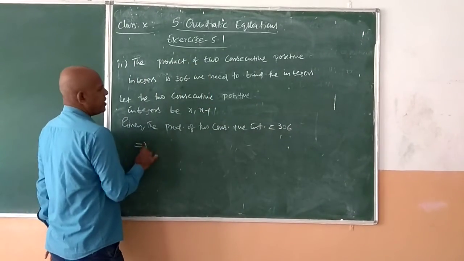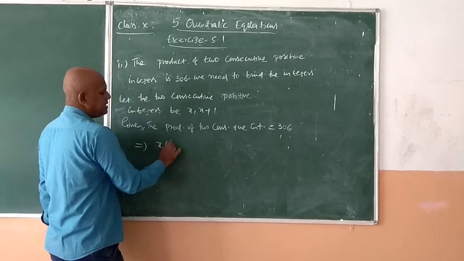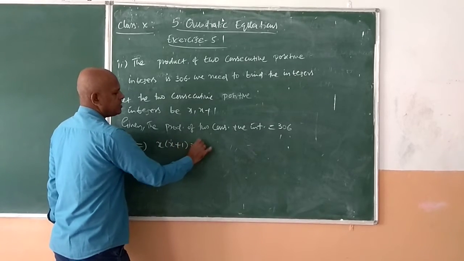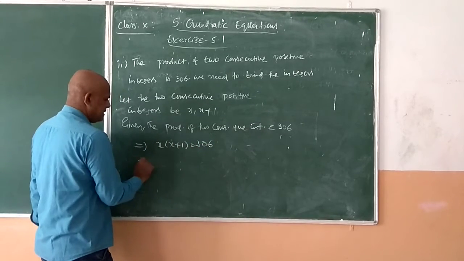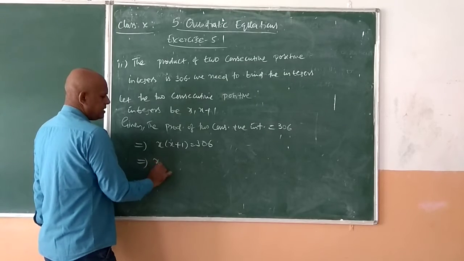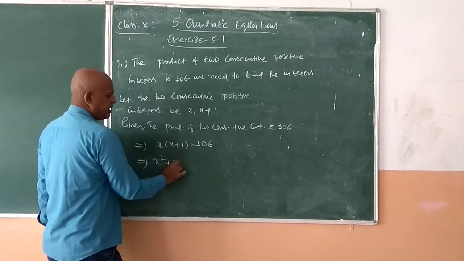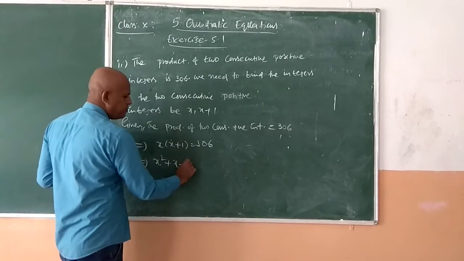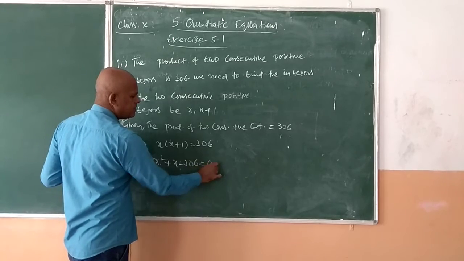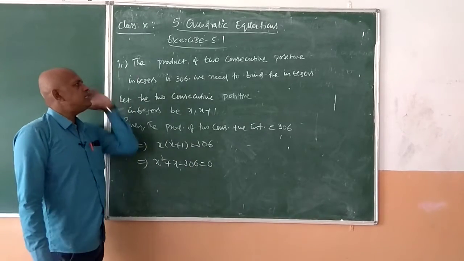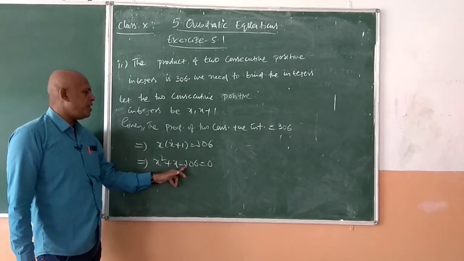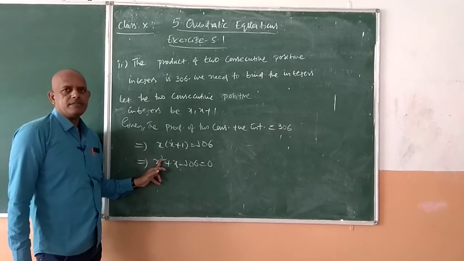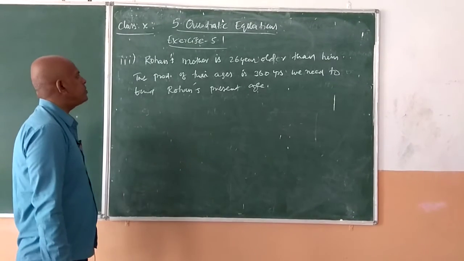So we have to take the product of both here: x into x plus 1 is equal to 306. Let us multiply: x into x is x square, x into 1 is x, then 306 to the left hand side, minus 306 is equal to 0. Therefore, we have changed the given situation into the form of a quadratic equation, which is of second order degree. Okay, coming to the third problem.